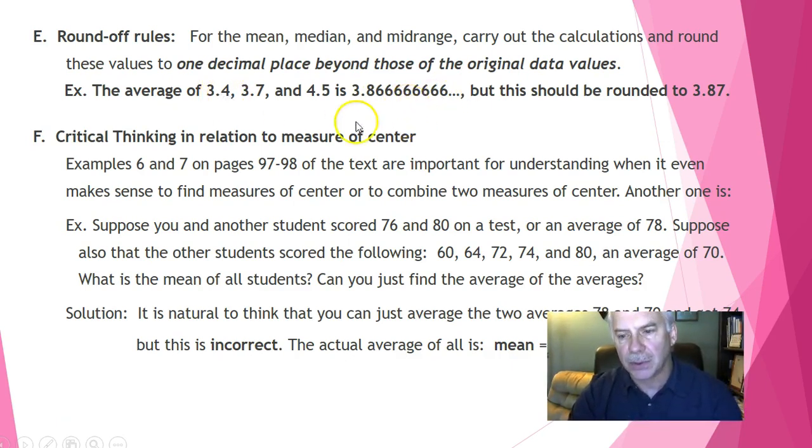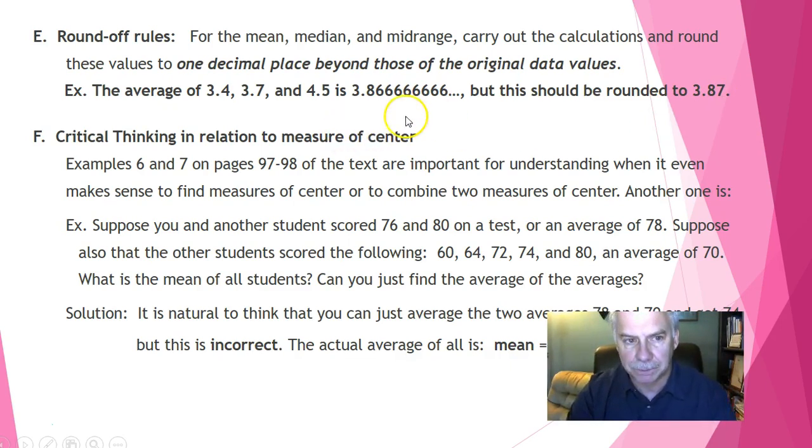So how far do you round this? Well, because the numbers started off rounded to the 10th place, when we round the mean, we're going to go to the next place beyond that, 1 decimal place beyond how the numbers were rounded originally. So I'm going to round this to 3.87, because the original numbers were to the 10th place, so I want to go to the 100th place for my mean.